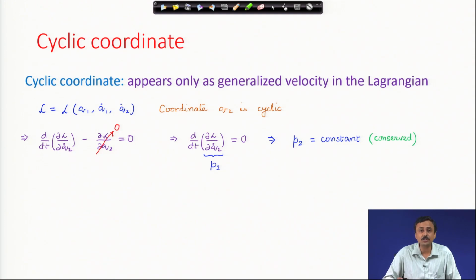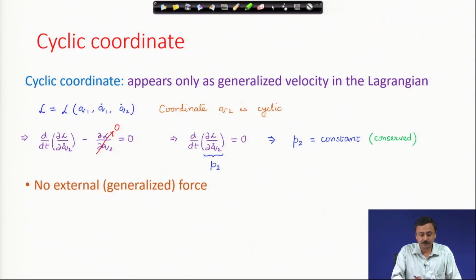It is a constant of motion. These are called constants of motion. Therefore, the generalized momentum corresponding to a cyclic coordinate is conserved, or is a constant of motion.